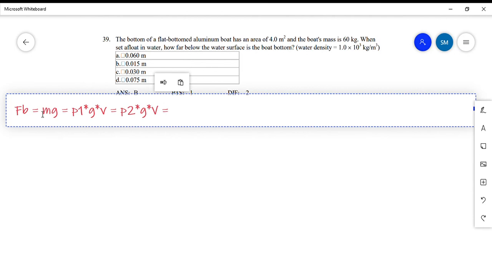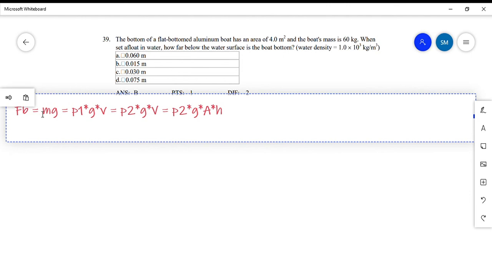We all know the volume is simply the area times the height, so we can write the volume in this way: the area times the height. In the question, he wanted to know h.